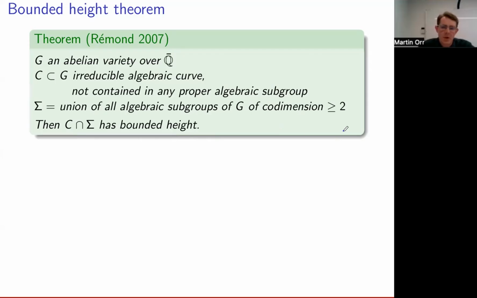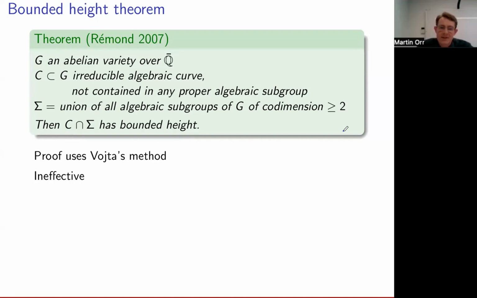So this theorem of Rémond is also ineffective. The proof of the theorem is based around Vojta's method for proving Mordell-Lang. And I'm not able to say anything effective at this level of generality.